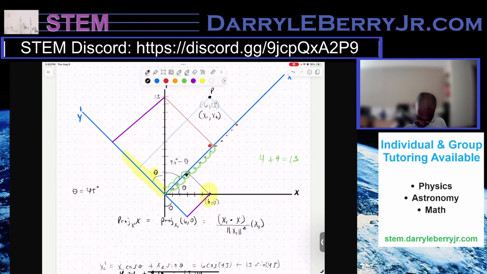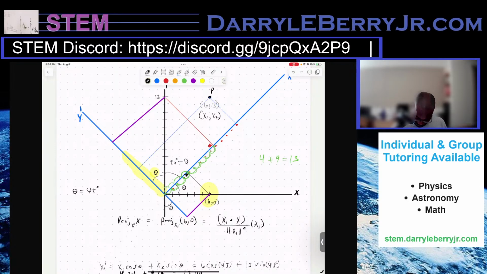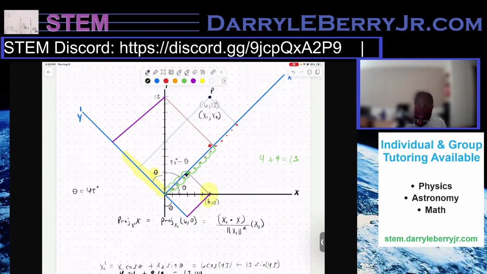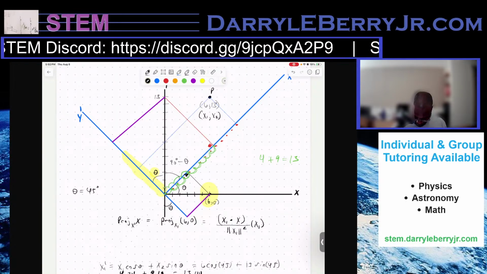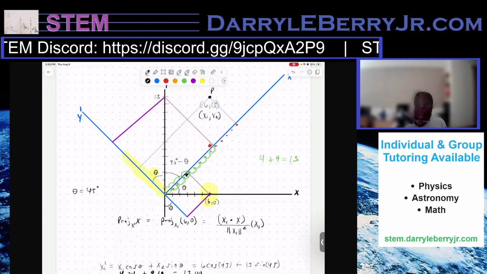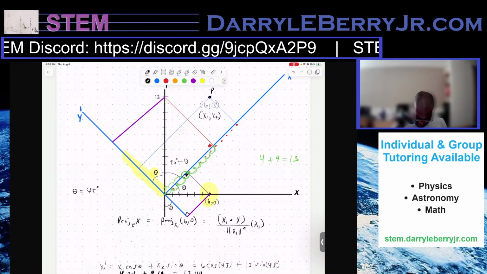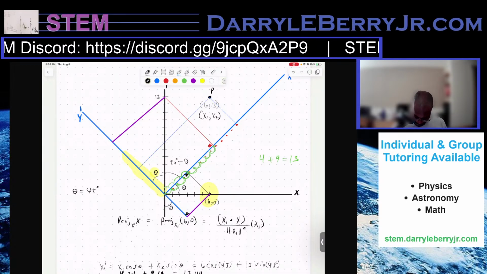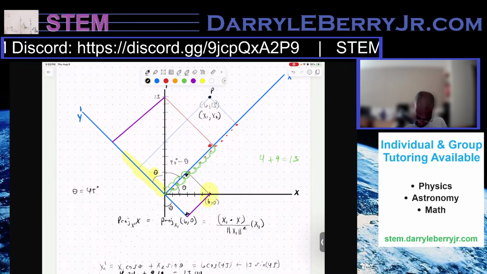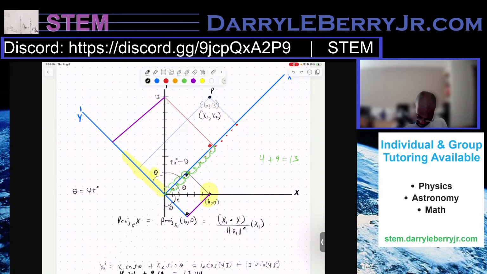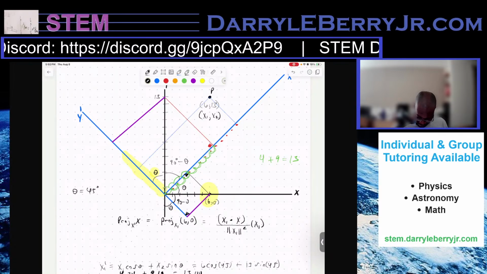It'll also be theta. This is a right angle, and this will be 90 minus theta.